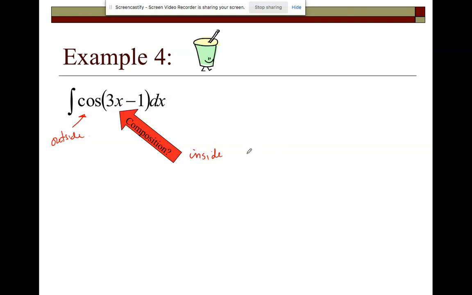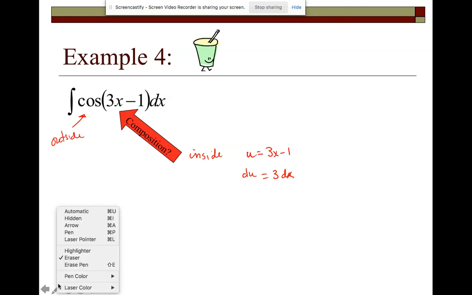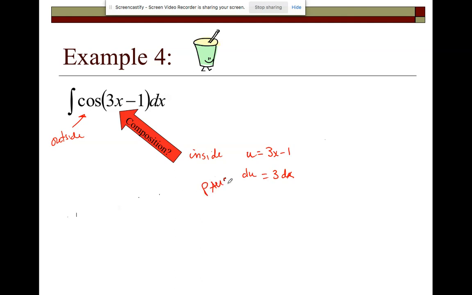So my inside function is my u. Take its derivative. Get dx by du by itself. Just kind of did that in one step. Pause. Get out your highlighter. U is 3x minus 1. Bother.